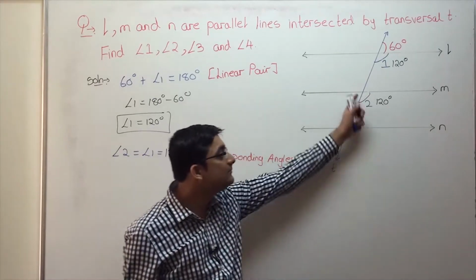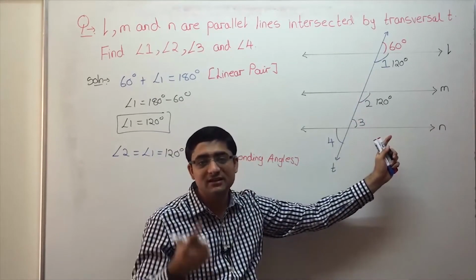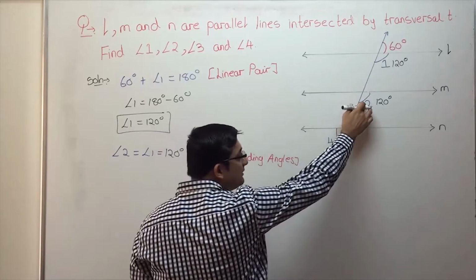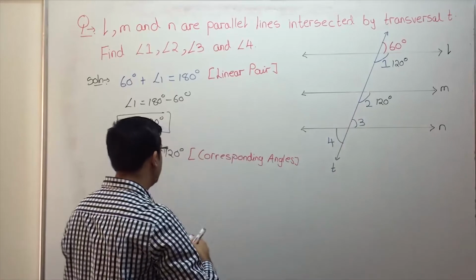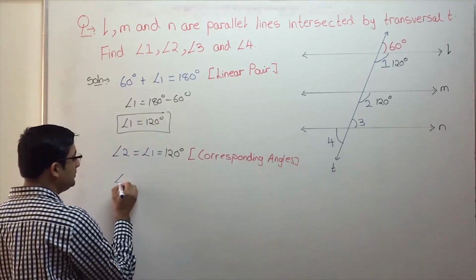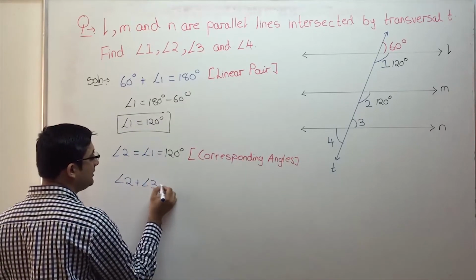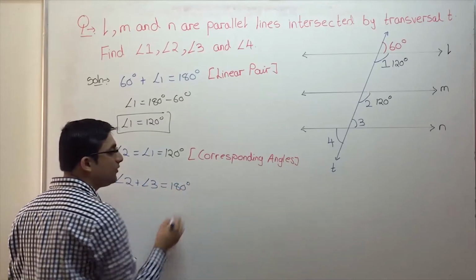What can we say about them? In the case of parallel lines and a transversal, they are supplementary. So interior angles on the same side of the transversal are supplementary. That means their sum is 180. So angle 2 plus angle 3 is equal to 180 degrees. What is the reason?